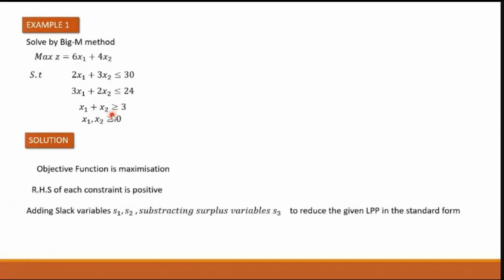But here what is happening is minus S2 is coming, which means that we will not be getting a unit matrix form. So just to get a unit matrix, whenever we subtract a surplus variable, we have to add an artificial variable just to get that 100 form, for no other purpose.